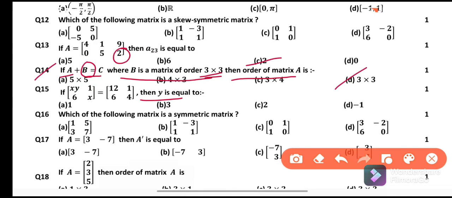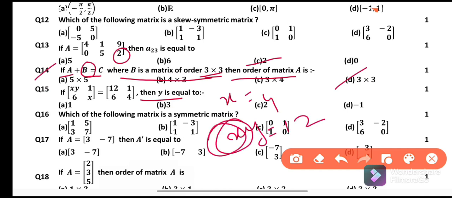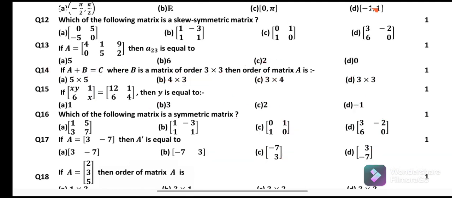By using equality of matrices, x is equal to 4 and xy is equal to 12. Put value of x in this equation, 4 multiplied by y is equal to 12, that is y is equal to 3. So answer is B option.